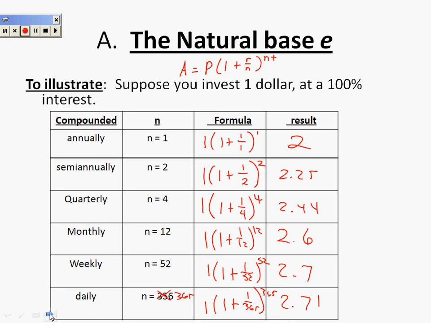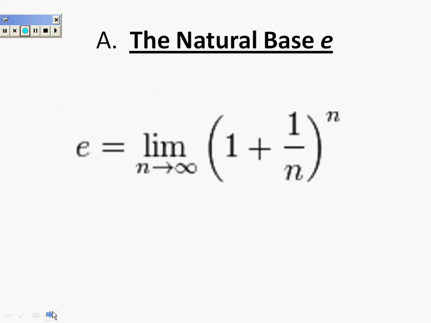So that's what e is. This is some calculus notation. If you take this formula we were using and you let n go to infinity, it comes out to equal exactly that decimal I gave you for e, which is 2.718, and so on.